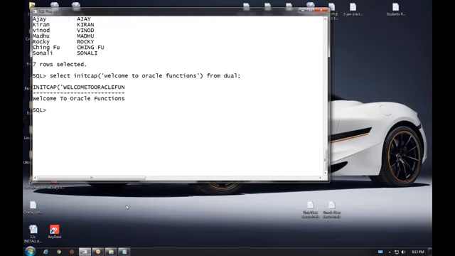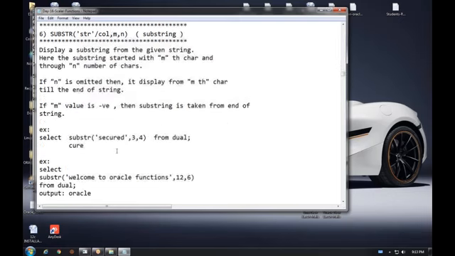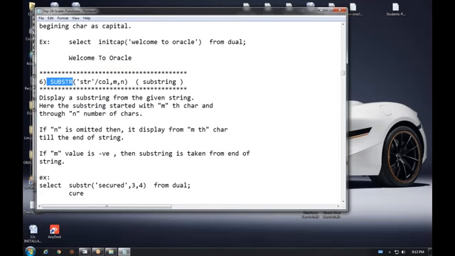The next function is substring, one of the most important functions. Here I am marking multiple stars, which means it is very important. Be careful. Substr, full form is substring. What will it do? It will display a substring from a given string.